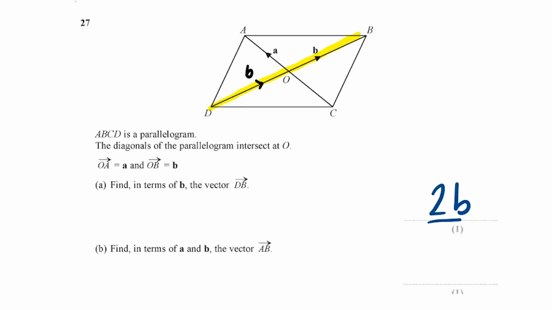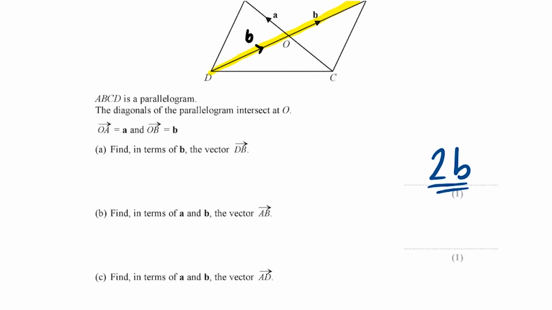The second part, find in terms of a and b the vector AB. Now you can see there's that straight line going across the top that connects A and B, but we don't have a name for it. There's no letter describing that journey. We can only use the roads that we know the name of.